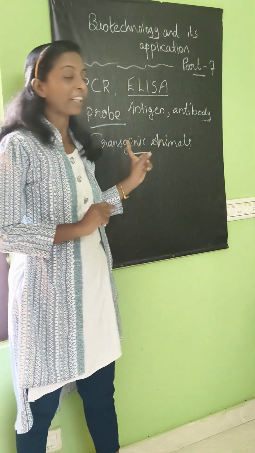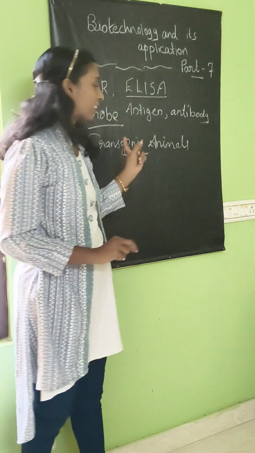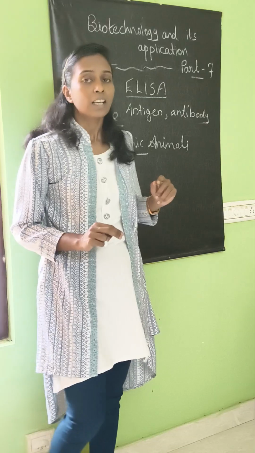So changing, altering, manipulating the genetic material, that is what we call transgenic animals. Some animals we can use are transgenic rat, mice and pig. There are many animals we can use for this purpose, but mostly mice are used in the field.